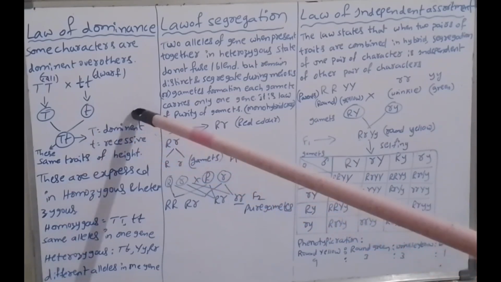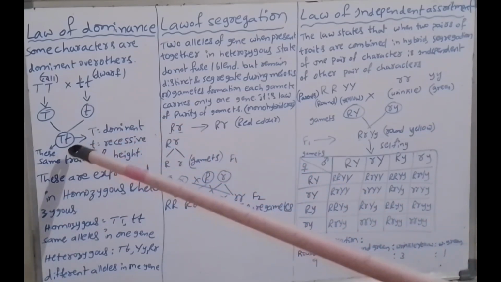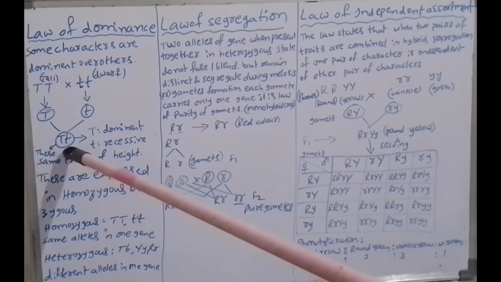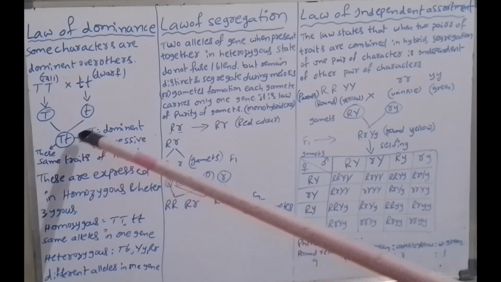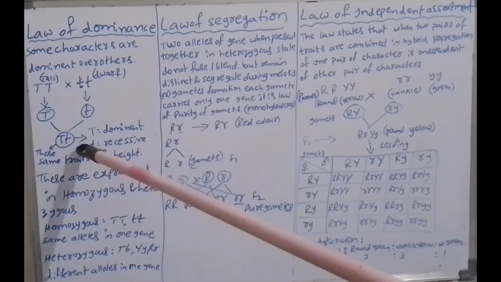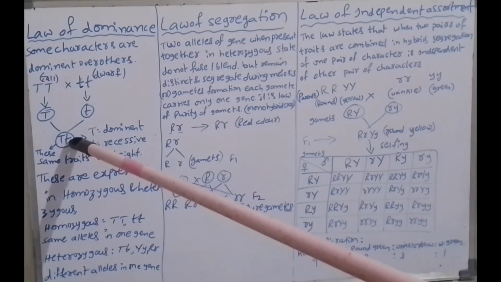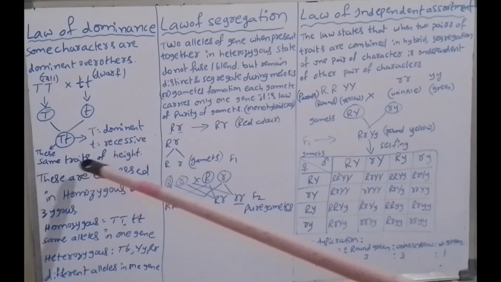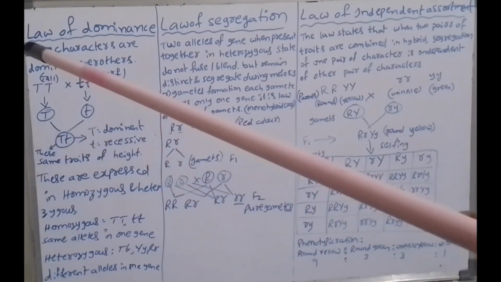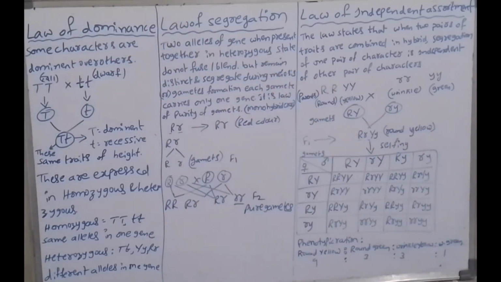Dominant means we cannot observe small t in the plant, only capital T, so a tall plant is produced. This capital T, small t is the F1 generation. Here capital T is the dominant trait. So this is the law of dominance.